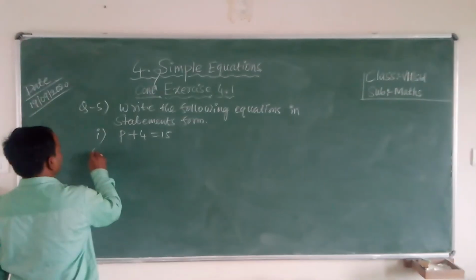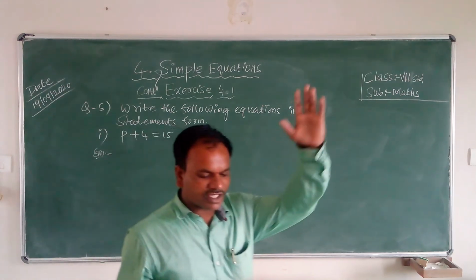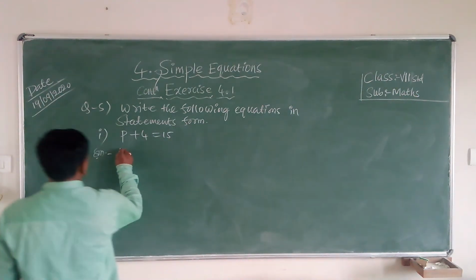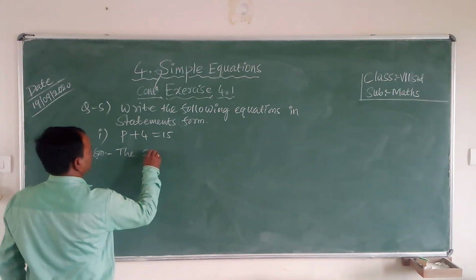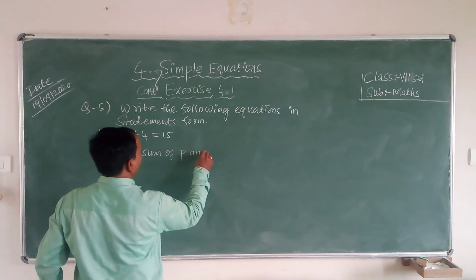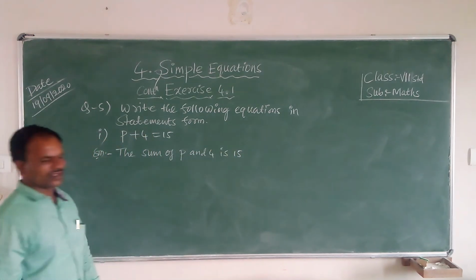Now this is reverse. The equation is given. You have to write the statement. The sum of P and 4 is 15. Very simple.